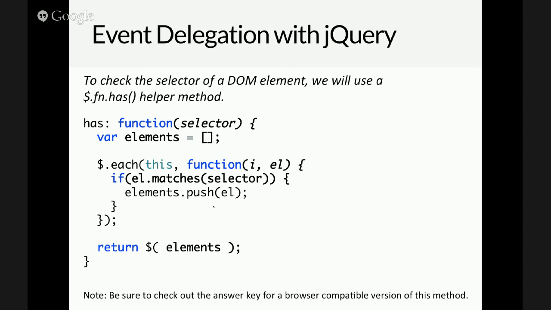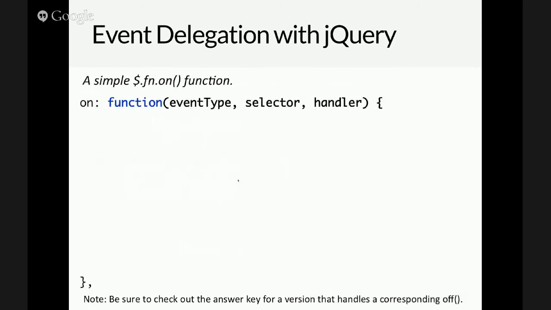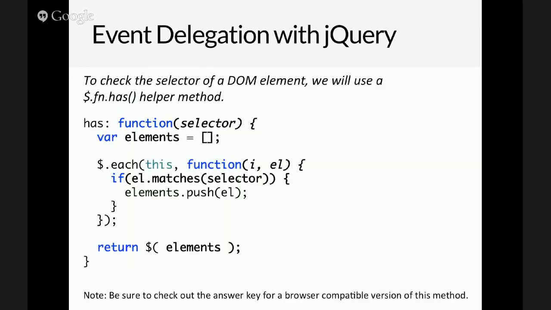And the DOM provides a pure DOM method called matches that lets you know if an element matches a CSS selector. So has is going to be used by on to detect if an element matches a certain CSS selector, and I'm probably going to do both of these right now.